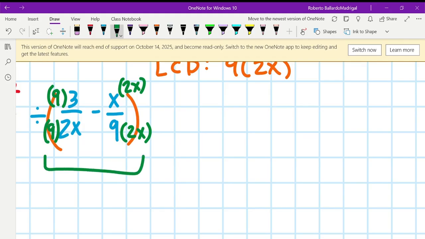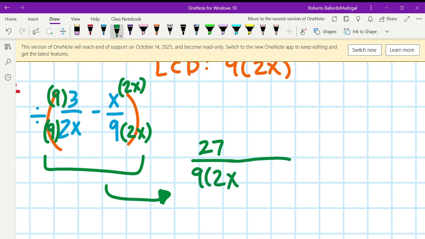So I'm going to rewrite this here to the right, just so I don't mix it up. 9 times 3 is 27. 27 over 9 times 2x minus the product of 2x and x, which will be 2x squared.